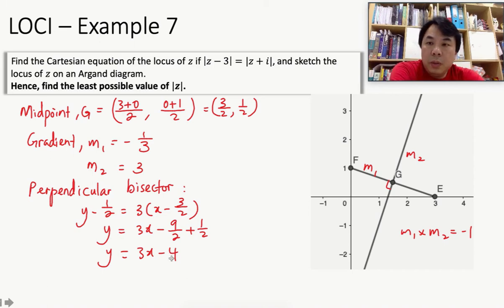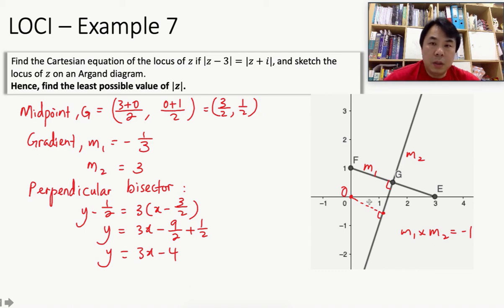And then lastly, we need to find the least possible value of z. What it means is, what is the shortest distance measured from the origin actually. You can see that measured from the origin, the only shortest distance that we can think of is the distance from the origin perpendicular to this line here.